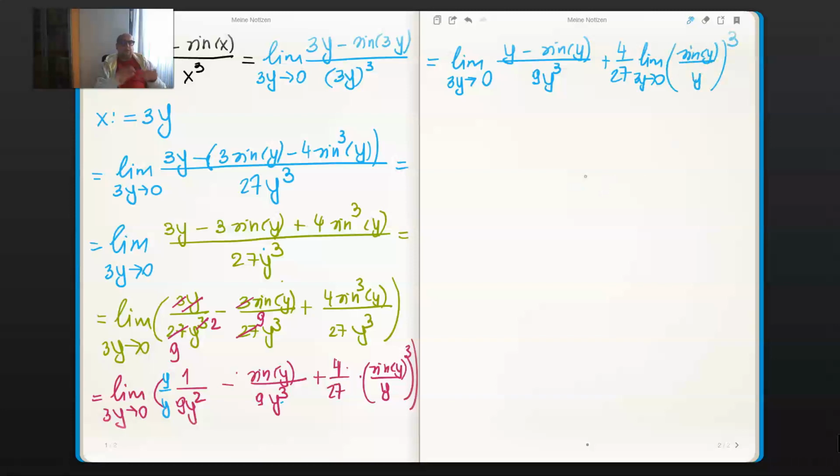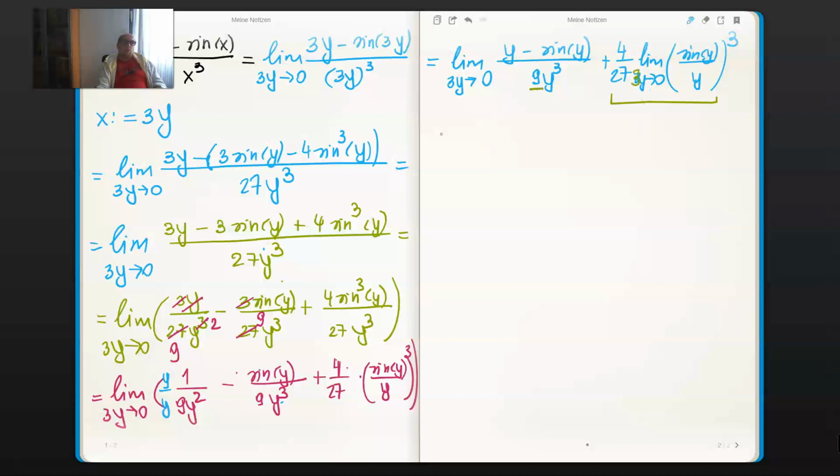So what I'm doing, I'm splitting it. I can only split it if I can make sure that those two limits do exist. Do I know that? Well, this one is no problem, because this is sine of y divided by y, as 3y is running towards 0, which means also y is running towards 0.